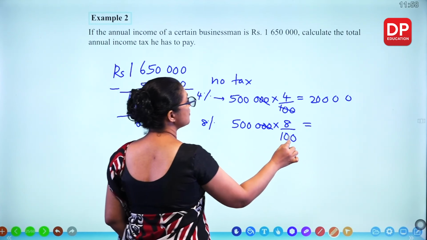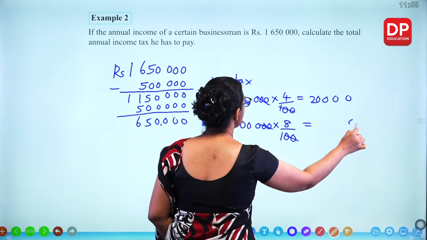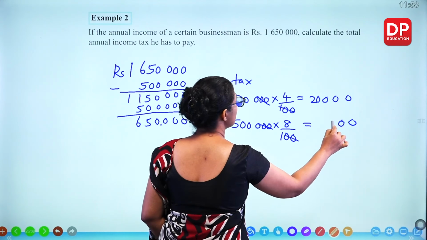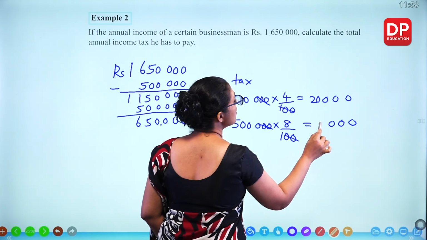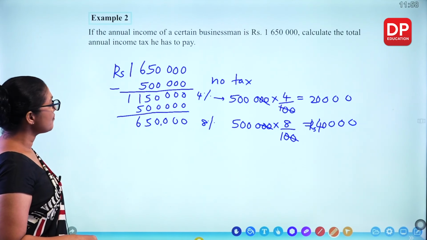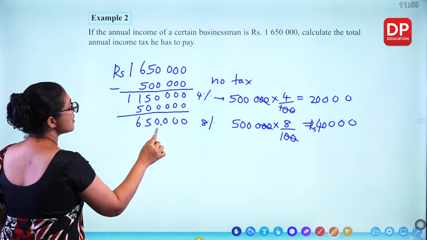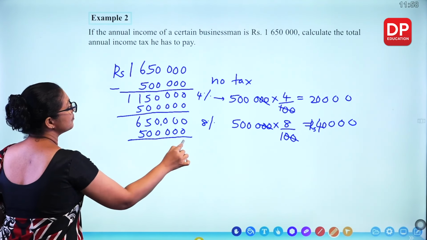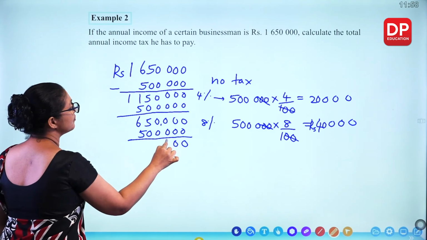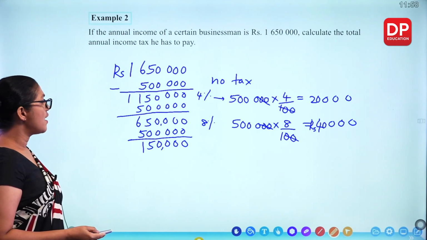So what's the tax? 8 times 0, 0. 8 times 0, 3 zeros. 8 times 5, 40. So you have to pay 40,000 for the next 500,000. Now we need to subtract 500,000 from that, so you get 150,000.